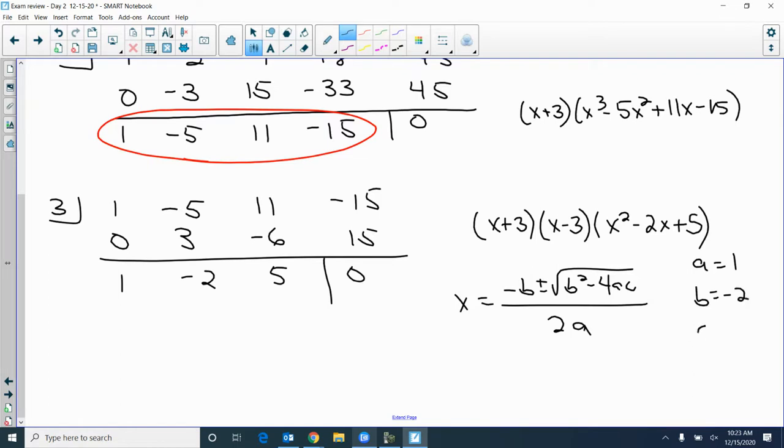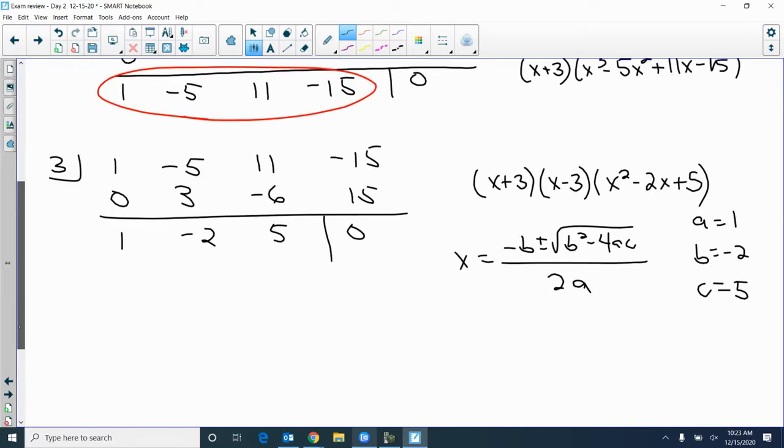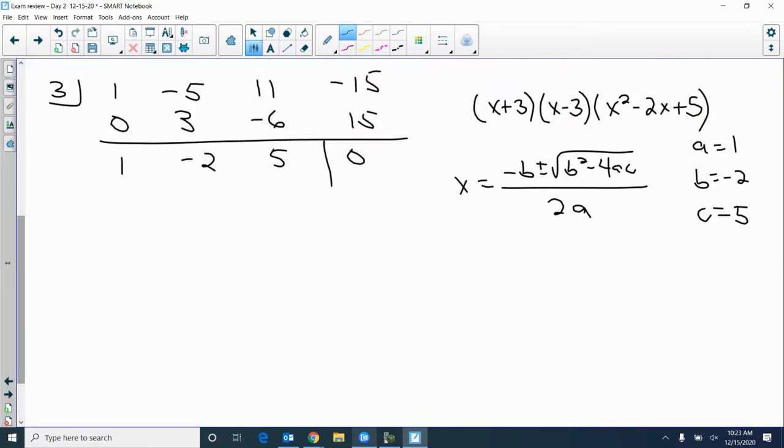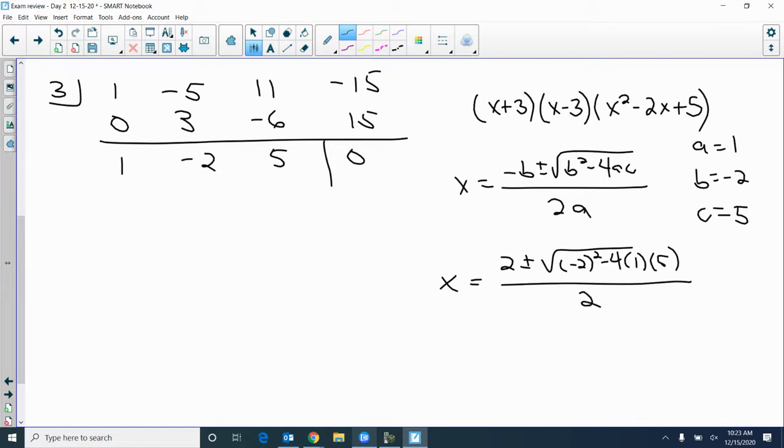B is -2. C is 5. I'm going to substitute in. Opposite of -2 is 2. -2 squared minus 4 times 1 times 5. And then 2 times 1 will give me 2.